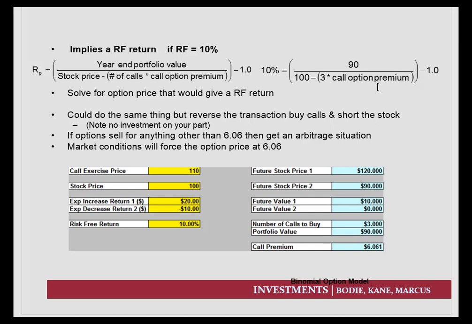And again, if you do that math, there's a worksheet called the Binomial Option Model. Go through this. Here are our values: the exercise price is 110, the stock price is 100, and there are increases and decreases in the values of the options that are possible based on pricing. 10% is the risk-free rate. We know that the stock price is either going to be 120 or 90, and the future value of the options is either 10 or 0.